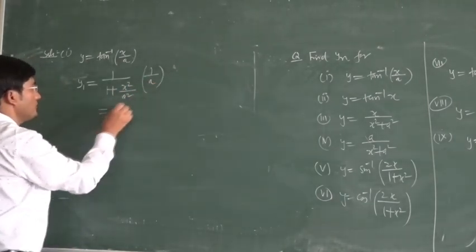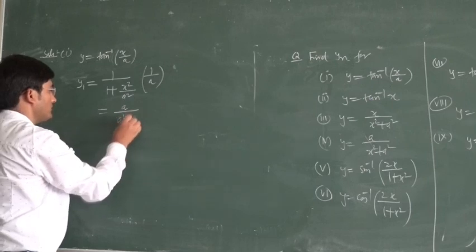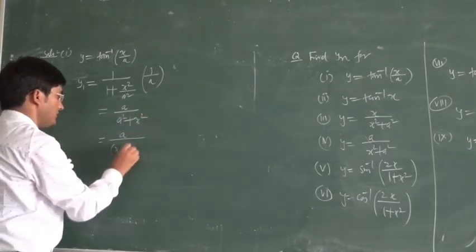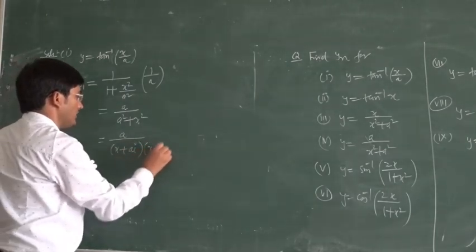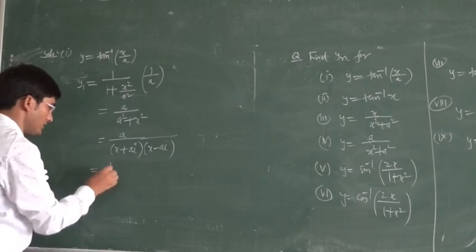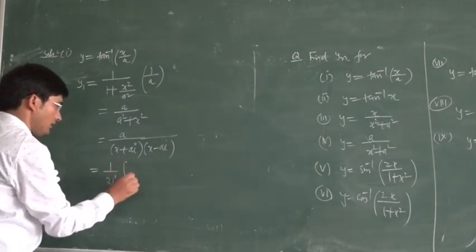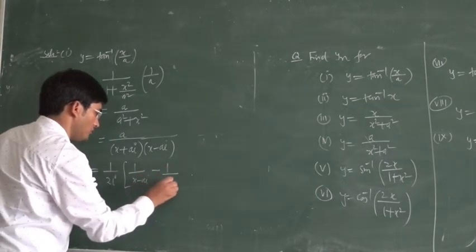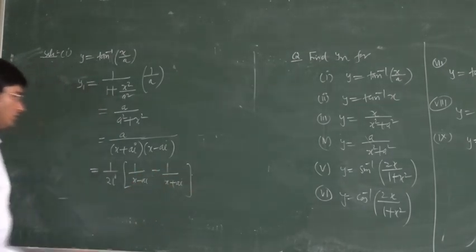So this is equal to a upon a square plus x square, and this term can be written as a upon x plus ai into x minus ai, and this is equal to, we can write this one as 1 upon 2i, and the partial fraction will be 1 upon x minus ai minus 1 upon x plus ai.